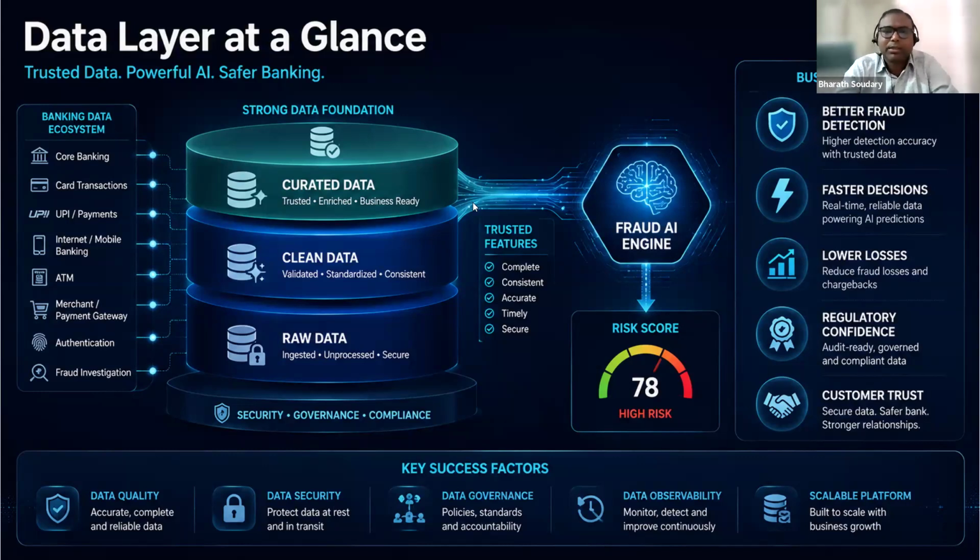Trusted features, for example, customer behavior, transaction velocity, spending deviation, device information, and location behavior. Fraud AI uses trusted features to detect suspicious transactions. It calculates the risk, completes fraud detection, and protects the customer.